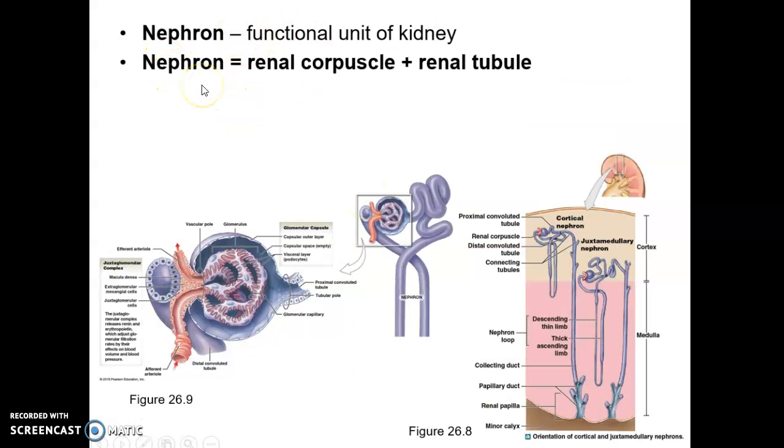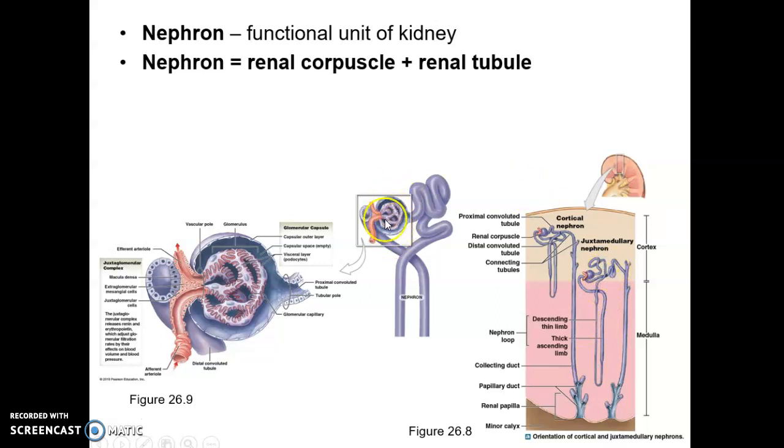So a nephron is the renal corpuscle and the renal tubule. The renal corpuscle, as you see here, should be labeled. Renal corpuscle, nice little round structure right here. And the renal tubule is the elongated tubule that extends beyond the renal corpuscle.